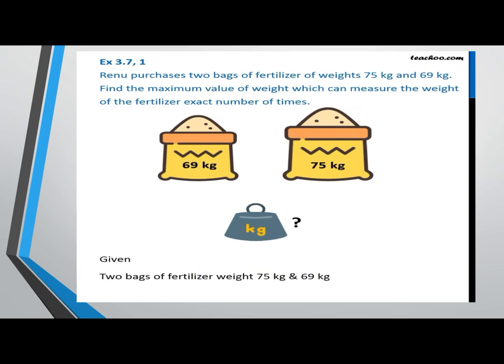You have to find out what kilogram you have to use to measure this. That means 69 plus 75, how much is it? Tell me immediately. It is 144 kg, isn't it? So if it is 144 kg, what will be the kg here you have to keep?